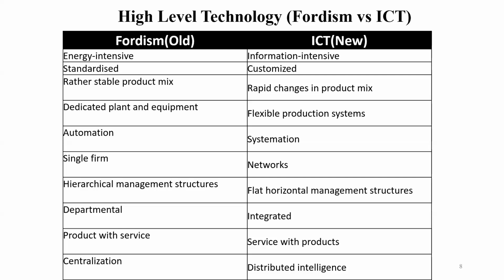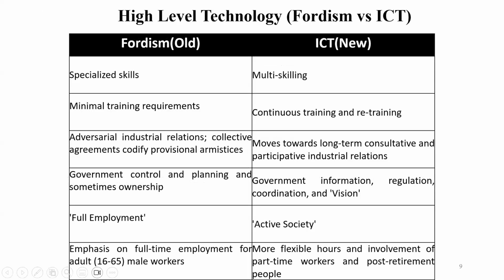Today, it's easy for people to say they want to work from home. So those are characteristics of the ICT technology, not necessarily the 4DC. So there are so many differences you can see on that. So today we are talking about active society.